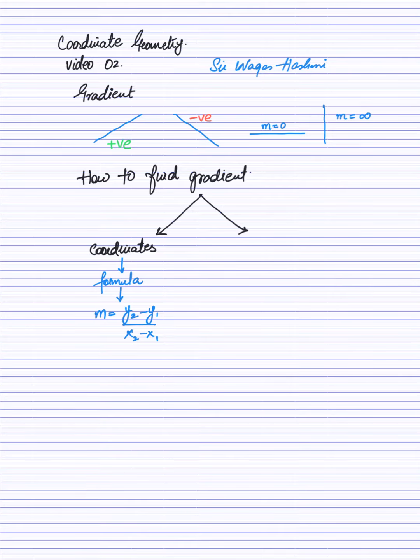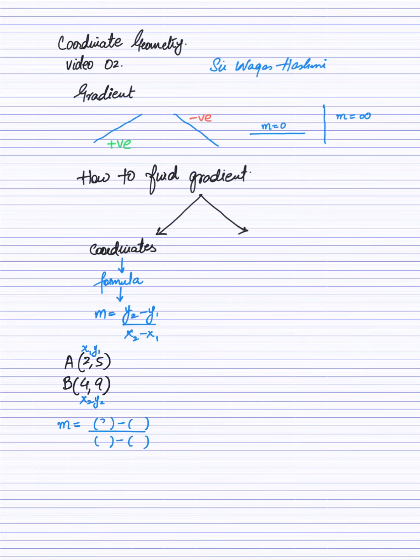Let's take an example here. Let's suppose you have a point A, the coordinates are 2 and 5, and you have point B, the coordinates are 4, 9. If you need to find out the gradient, first you need to label x1, y1 and x2, y2. Once you have labeled the coordinates, you need to apply the working formula, that is y2 minus y1 divided by x2 minus x1.